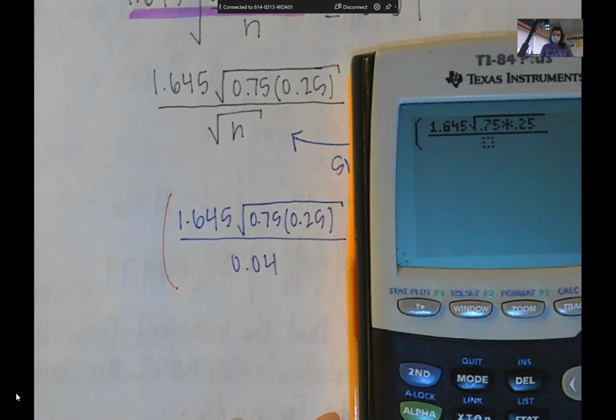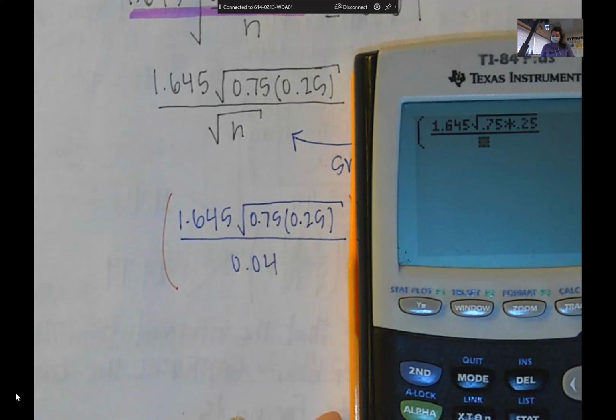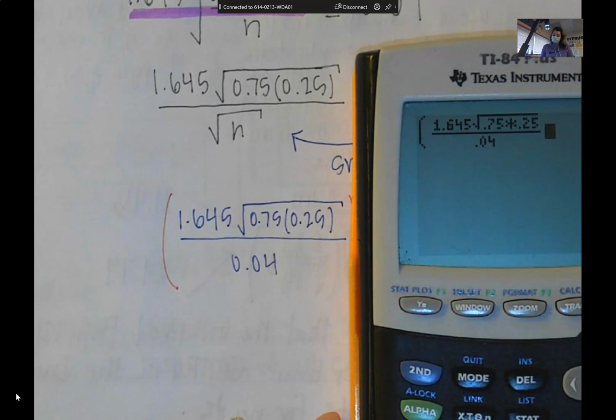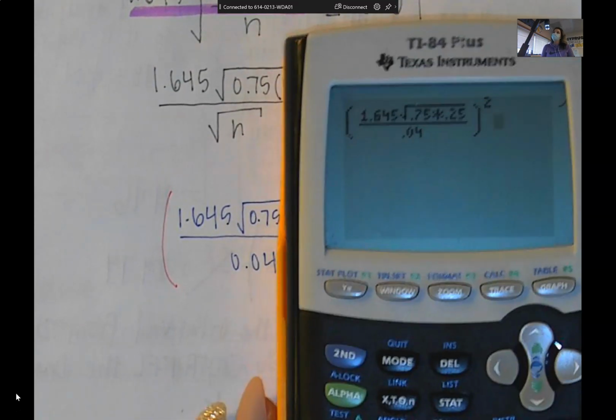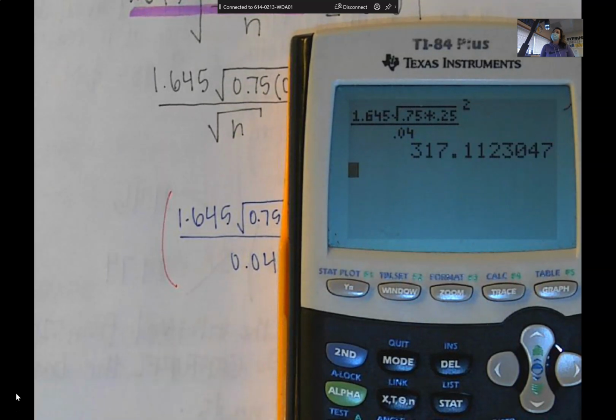Arrow down, divide by 0.04, arrow over, end parenthesis, hit your squared button, which is kitty corner to the 7. This gives us 317.11.